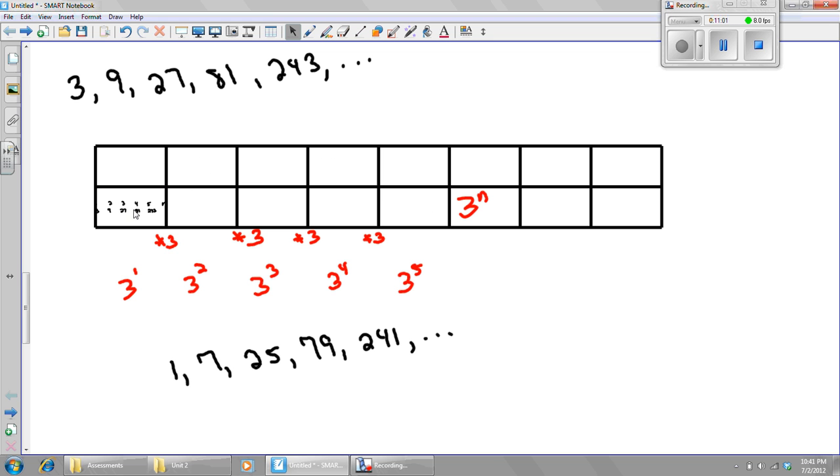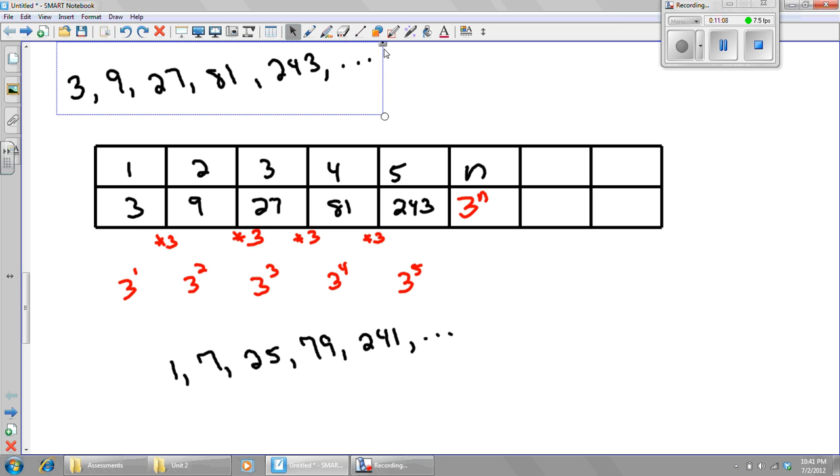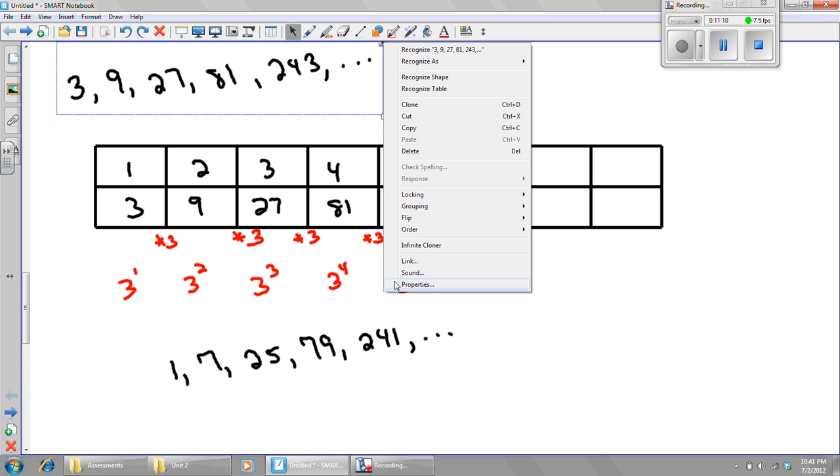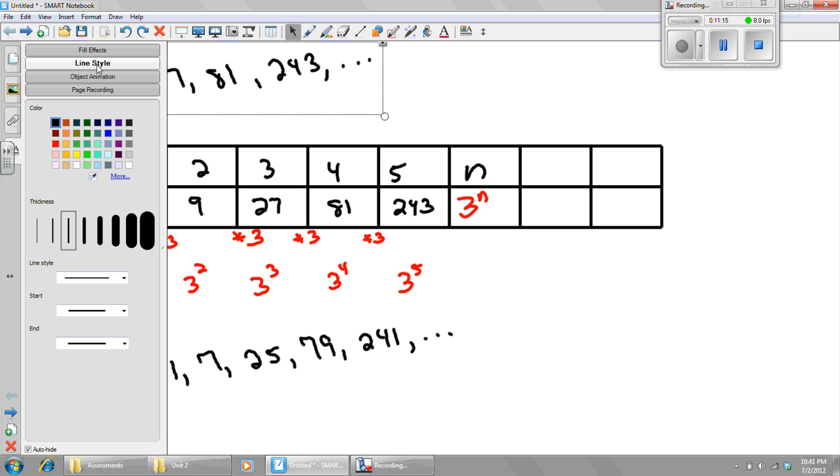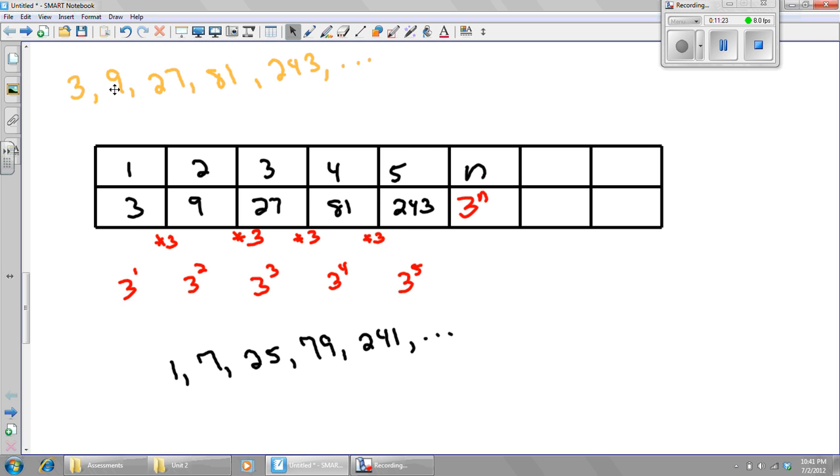But if I check out this pattern here, and change the color of it, I'll make it orange. Shows up pretty good.